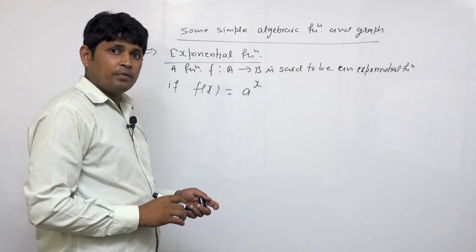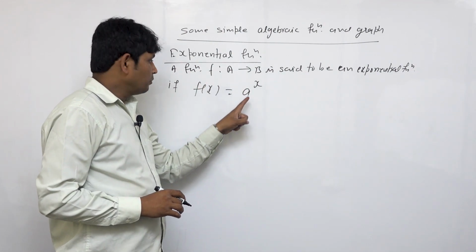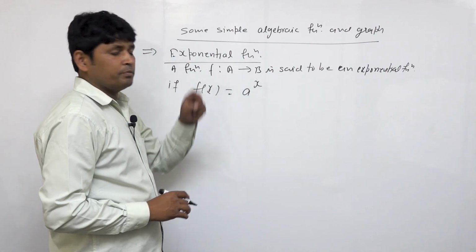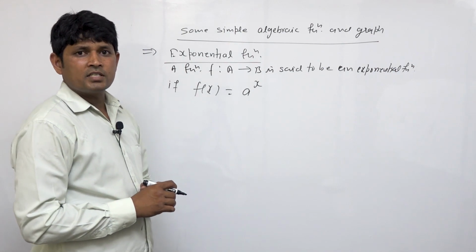It is a special type of function. Normally the variable is in the base, but here the base is a constant and the power is variable. This is called an exponential function.